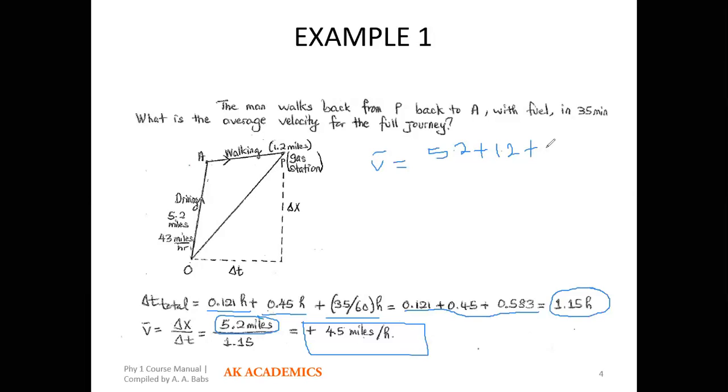But this time around, it is moving back, and we are taking our direction into cognizance. So this now becomes minus 1.2 miles. Everything divided by the total change in time that we calculated, 1.15 hours.